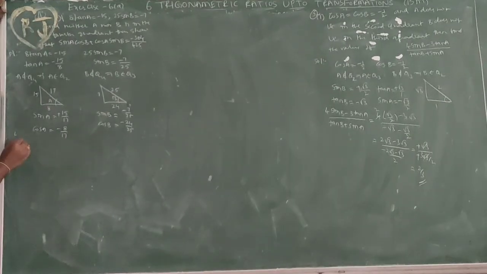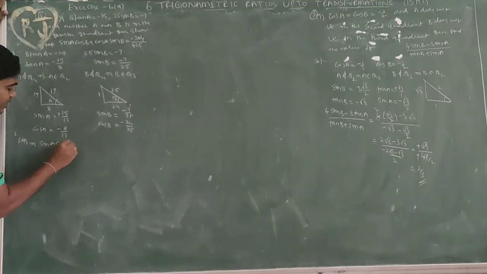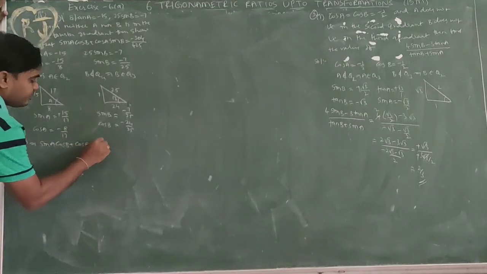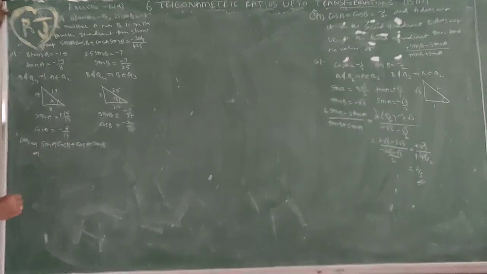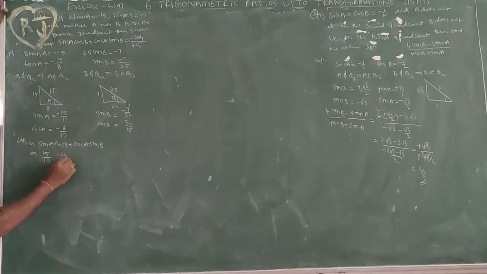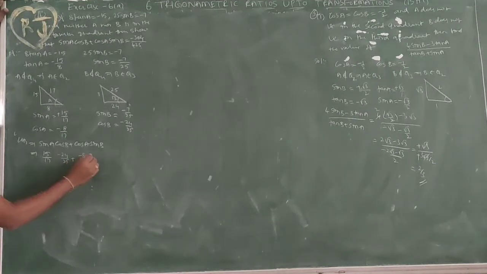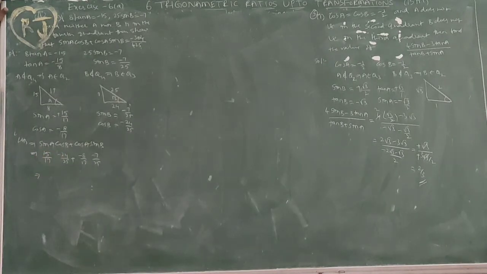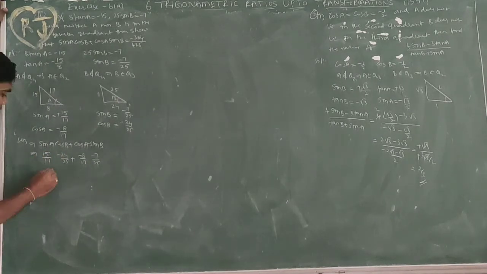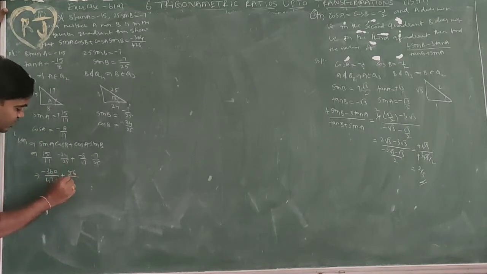Okay, now LHS: sin A cos B plus cos A sin B. Sin A is 15 by 17, cos B is minus 24 by 25, plus cos A is minus 8 by 17, sin B is minus 7 by 25. 24 into 15 is 360, so minus 360 by 425, plus 56 by 425.